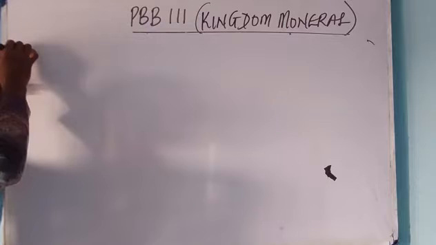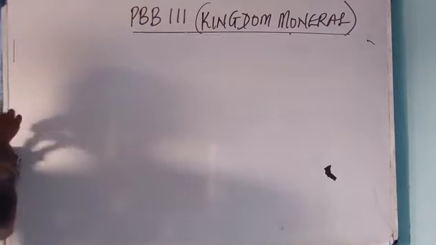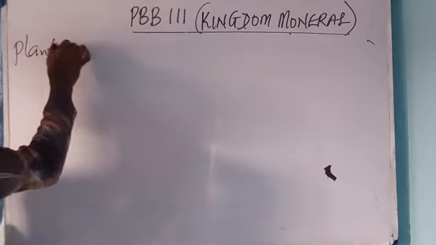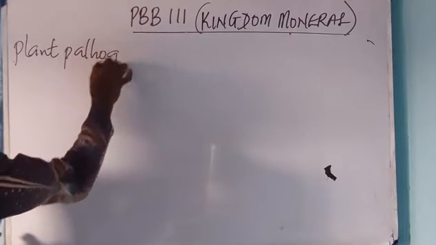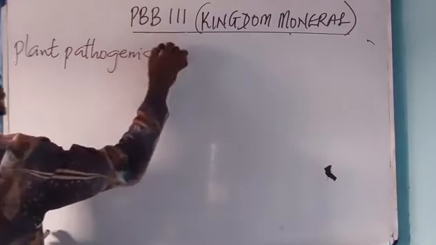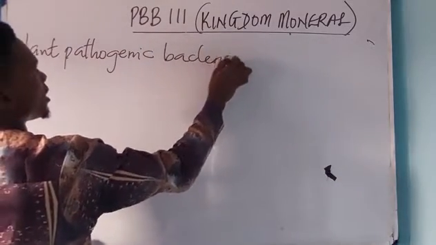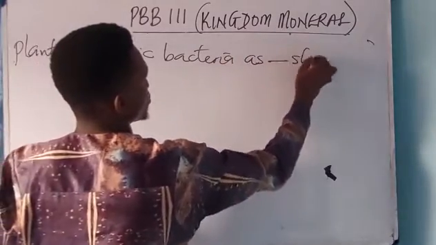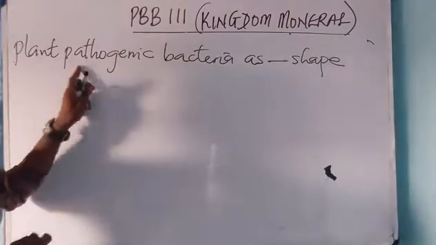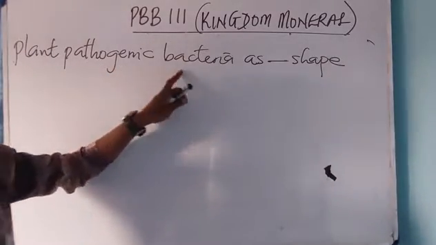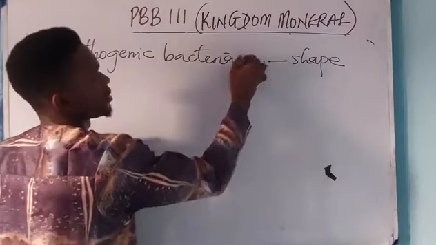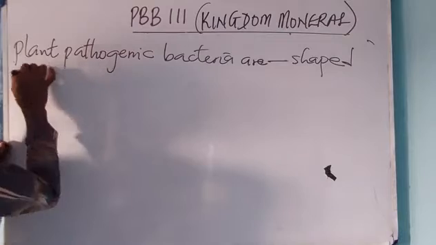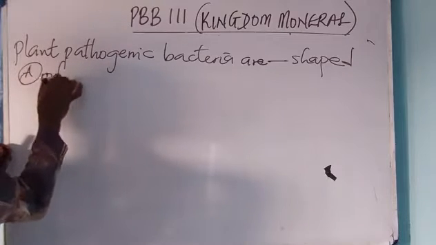Please take note of this. Plant pathogenic bacteria are: A, rod shaped.